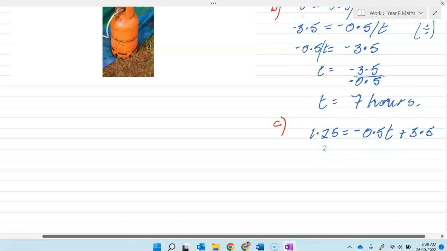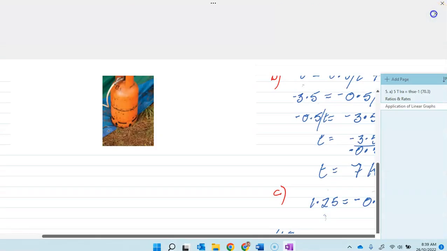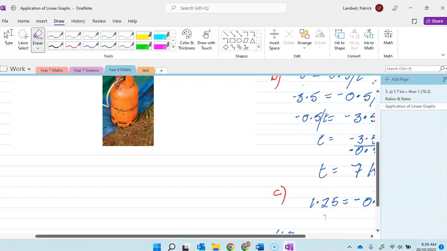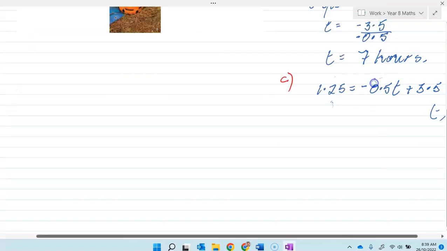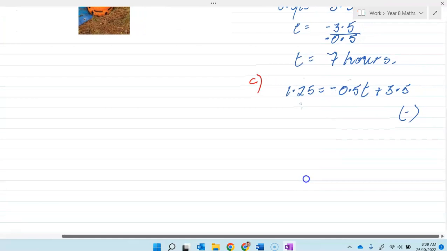So the first thing we're going to do to solve the equation, this is the y equals mx plus or minus c. Here's the c. We're going to subtract 3.5 from both sides.